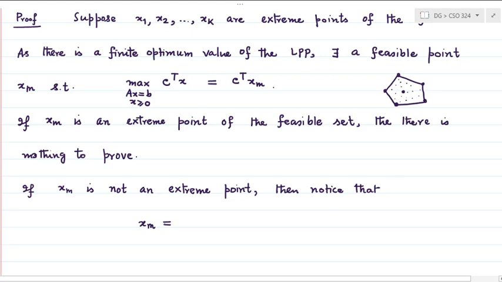That xm can be expressed by a convex combination of the extreme points.